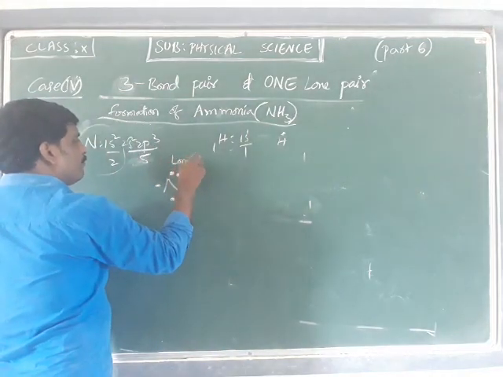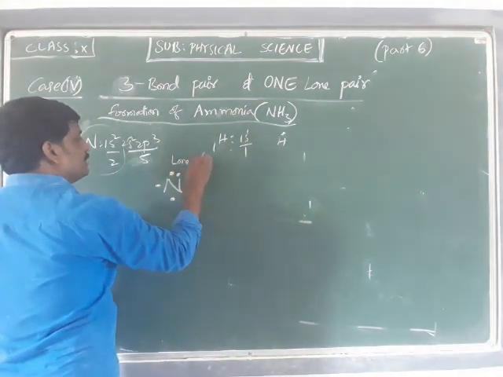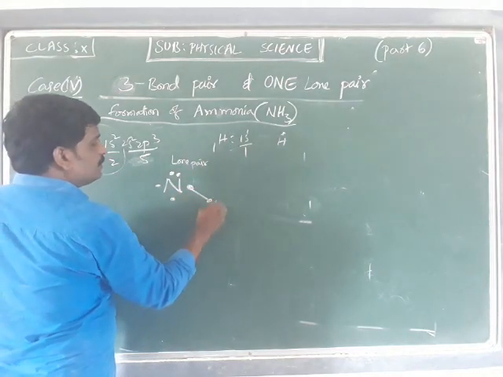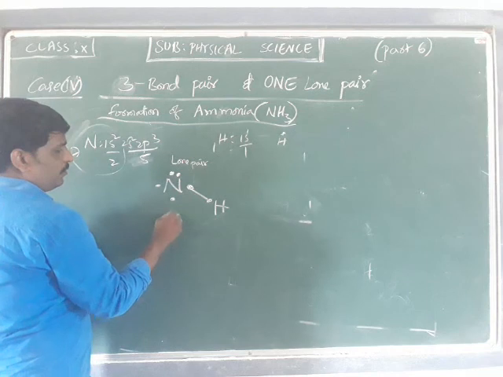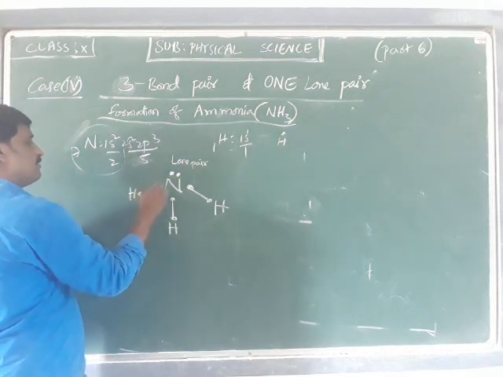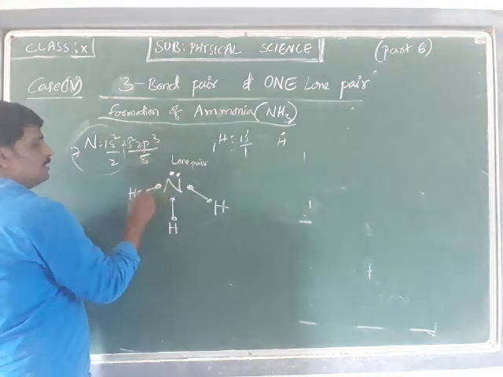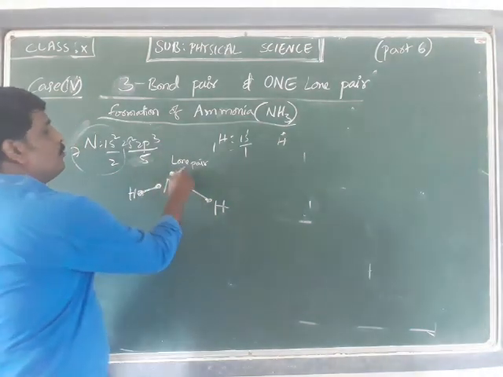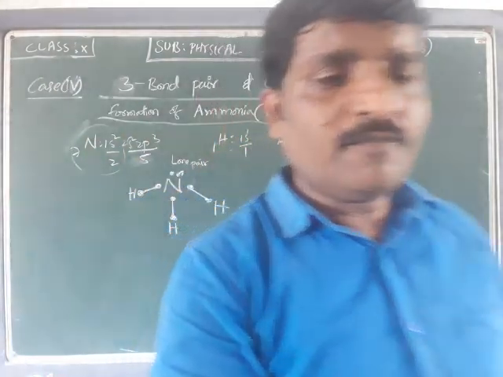This is a lone pair, one lone pair on the central atom. The other three electrons are going to bond with the electrons of hydrogen, each one bonding with one hydrogen. That means we have three bond pairs and one lone pair.